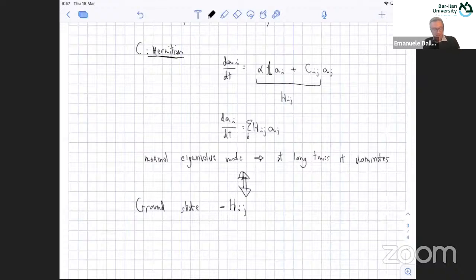Very good. This is really where quantum simulations come in. I have a classical problem, or even a quantum-classical problem of lasers, and I map it into a quantum problem.